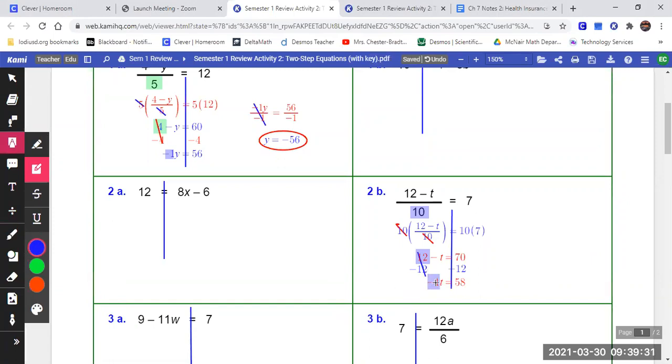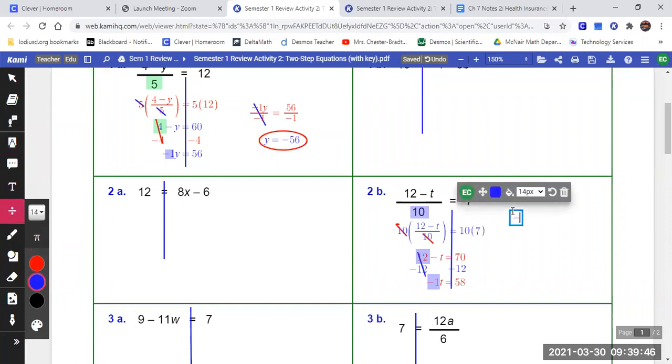Remember, big 0 is for adding and subtracting because we want to turn it into 0. Big 1 is for multiplying and dividing because we want to divide by the same number to get a 1, because 1 times things doesn't matter, right? So negative 1t divided by negative 1 has to equal the right side divided by negative 1.